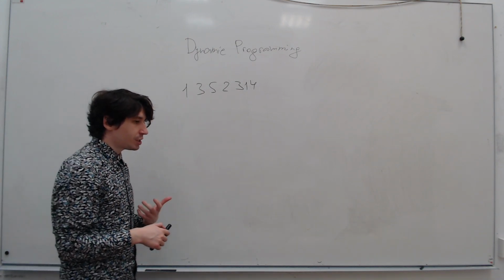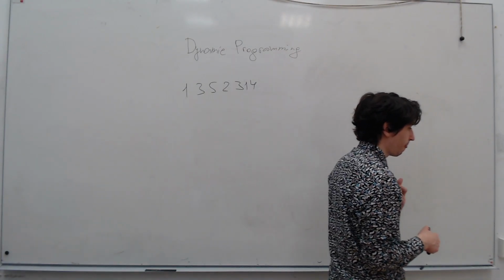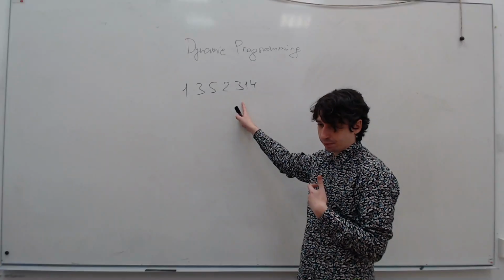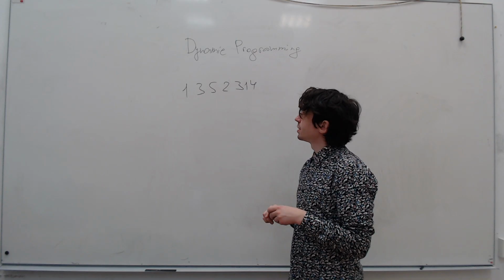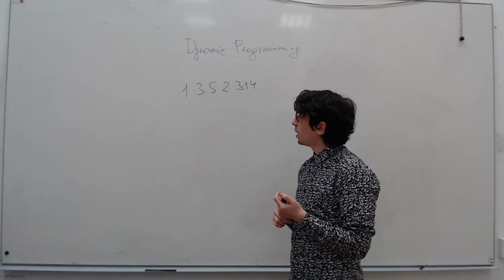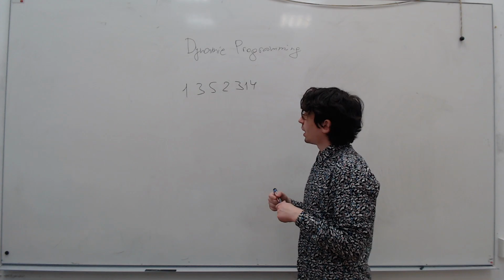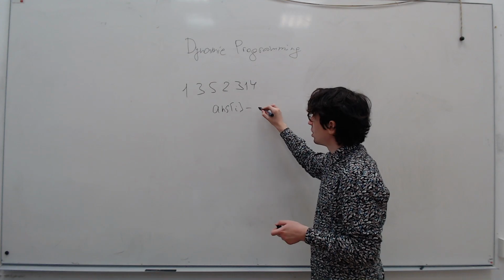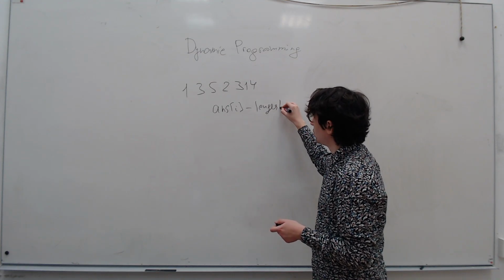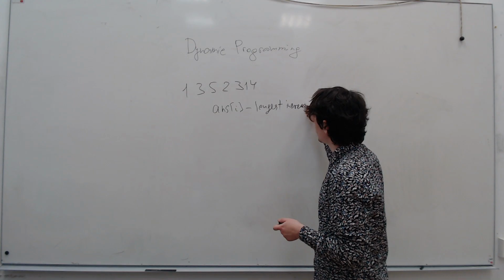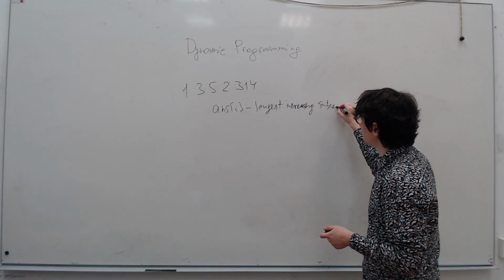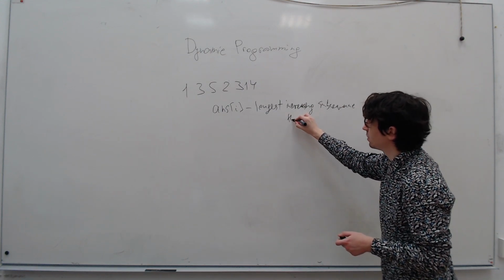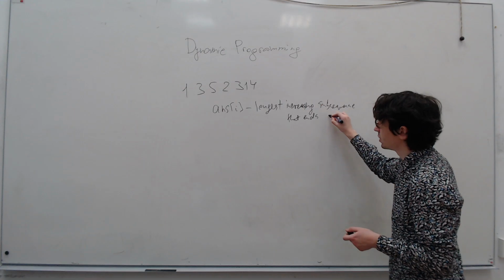Again, the first thing that comes to mind is that the state of the algorithm will be the same. In other words, ans i is the longest increasing subsequence that ends in i.